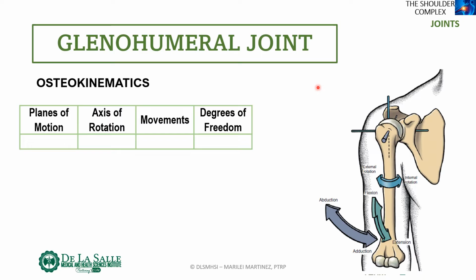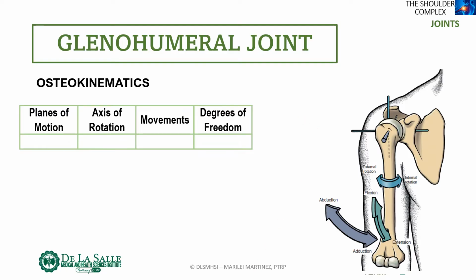Oftentimes, a fourth motion is defined at the glenohumeral joint, which is your horizontal adduction and abduction. Okay, also called your horizontal flexion for the horizontal adduction and horizontal extension for the horizontal abduction. The motion occurs from a starting position of 90 degrees abduction. So at first, position the extremity at 90 degrees.